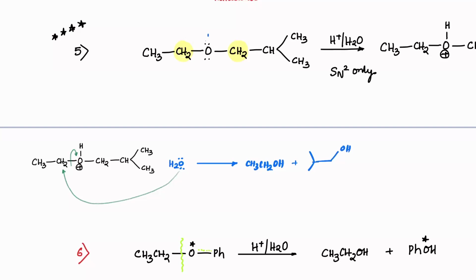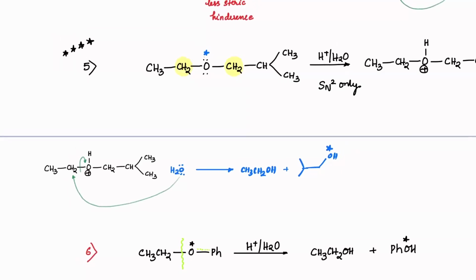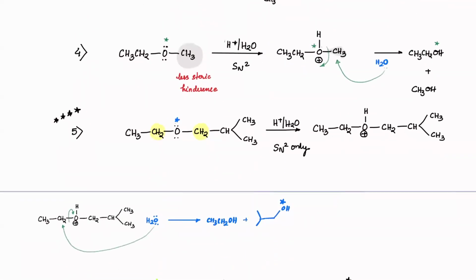Now, if it was an isotopic oxygen, it must have gone with this one. This is where the isotopic oxygen will appear. Clear? So I hope you got an idea of which type of mechanism needs to be followed in which case.